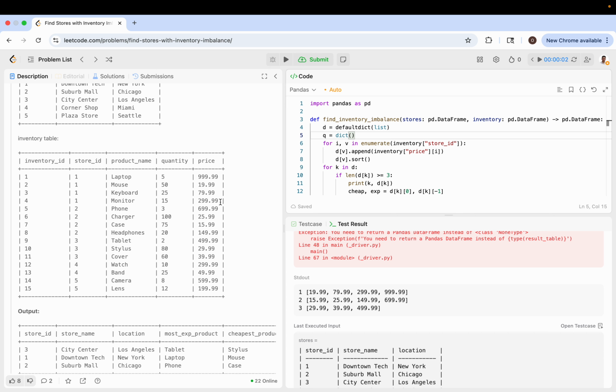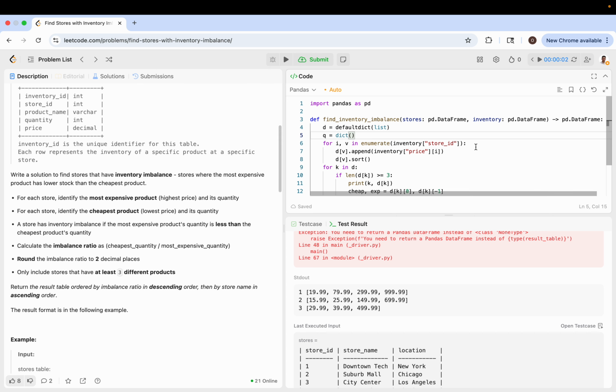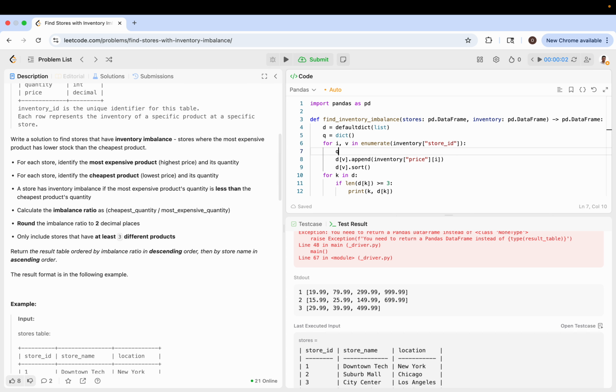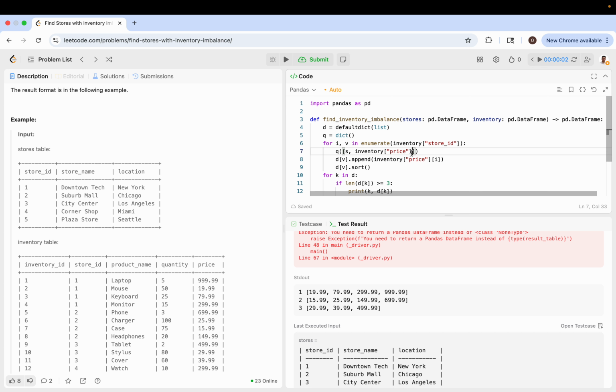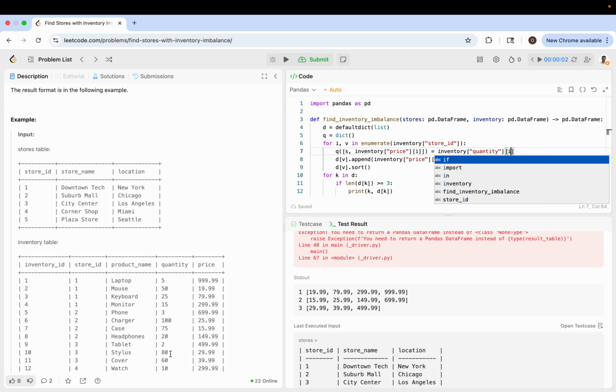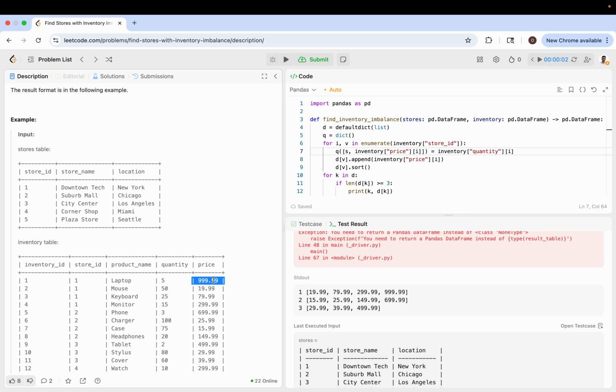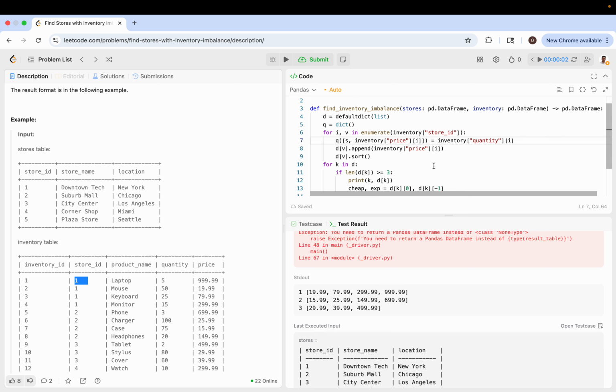So the combination of these two columns are the primary keys, and we can just say q of, so the store ID and then also the price together. We want to record the quantity. So inventory quantity of i, which is this column, this value for this and this combined as the key.